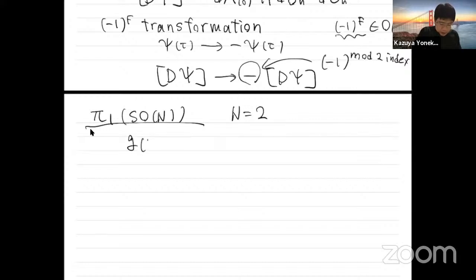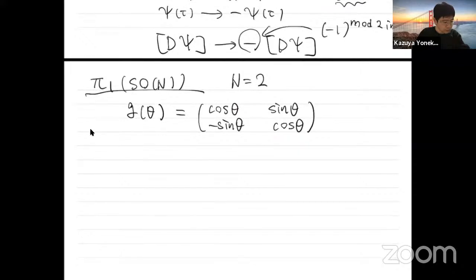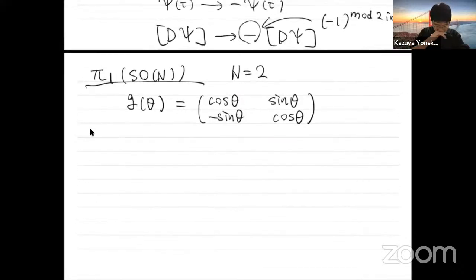And I take some family of group elements parameterized by theta. So let's consider this kind of matrix. So here theta is just a parameter. And later we will smoothly change this parameter. But for the time being, let's consider this as just a constant parameter.